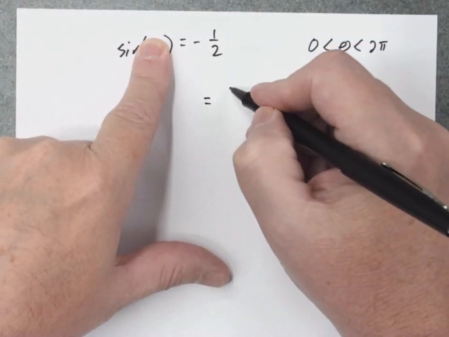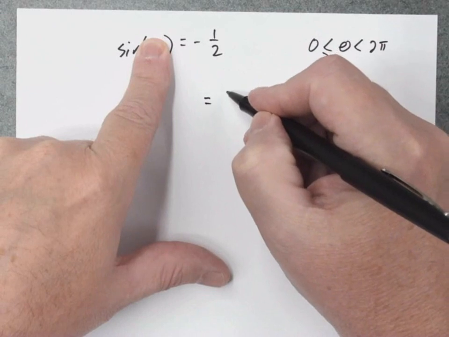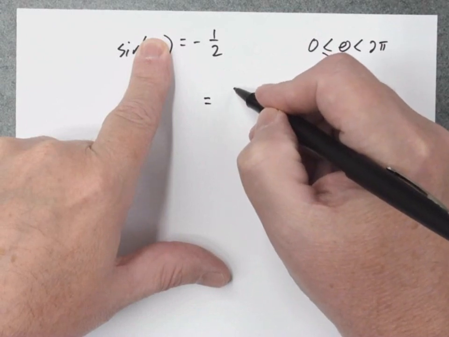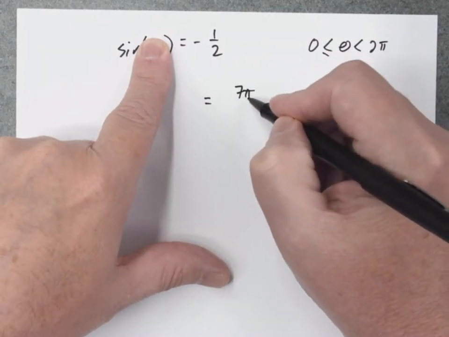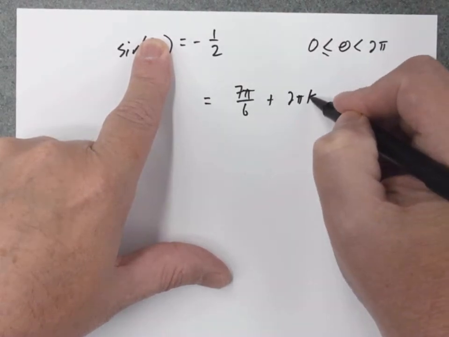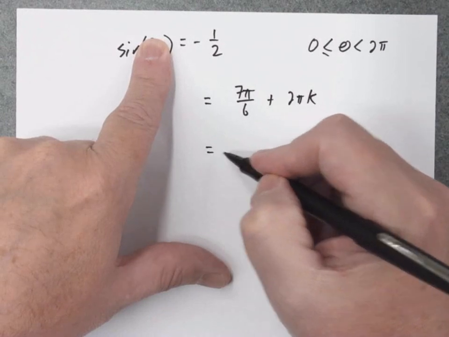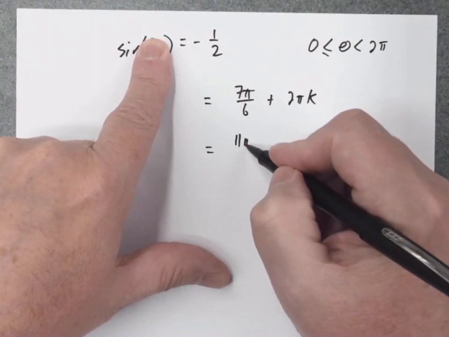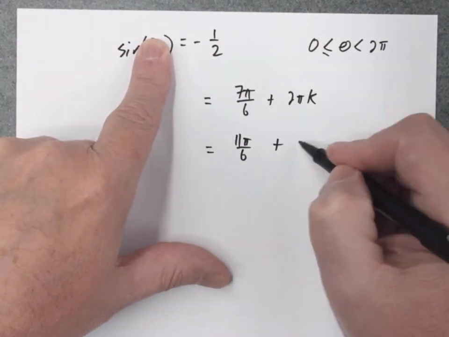And it's going to be, we'll check this in a minute, I'm pretty sure from memory, 7 pi over 6 and also 11 pi over 6.